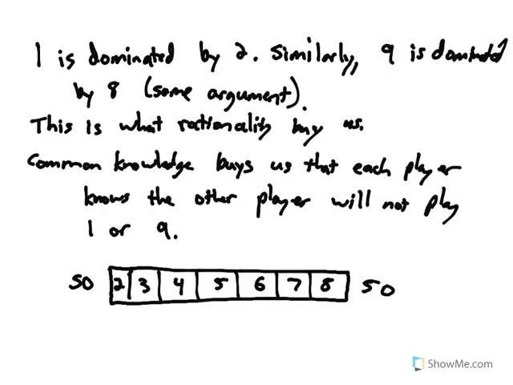Well, we're going to make a very similar argument that in this smaller game that survives the first round of iterated dominance, 2 and 8 are going to be dominated by 3 and 7 respectively, in the same way that 1 and 9 were dominated before, right? So if you believe the other player is located in block 2, and you locate in block 2, you're going to get half, right? So you can write this down.